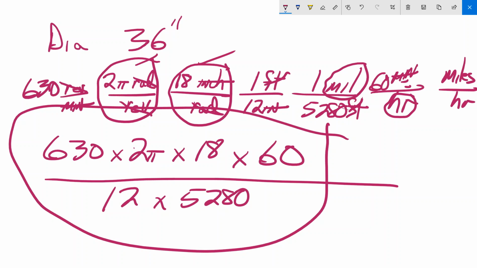And that's what you want to get, you want to get rid of the radians. And it's a little tricky. You have to remember that 1 radian is equal to 1 radius when you have a wheel problem like this.